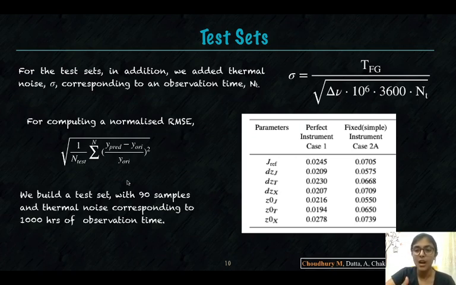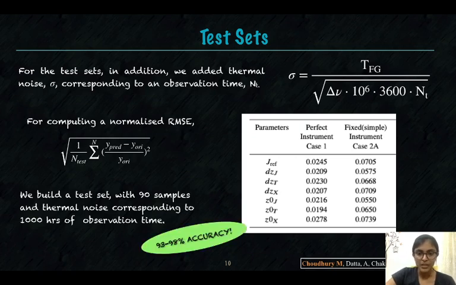We'll get a measure of how well our predictions are. In our case, when we have taken these randomly chosen 90 samples with thermal noise, observation time corresponding to 1,000 hours, we see that the RMSEs are pretty low, giving us an accuracy of around 93 to 98%.